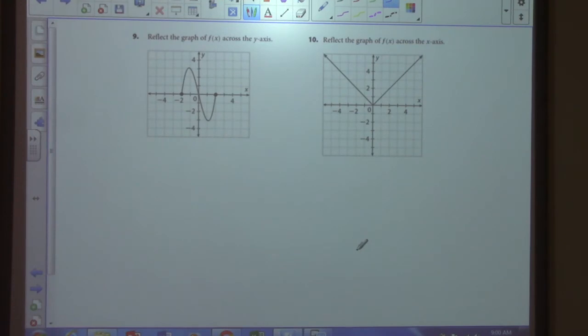Okay, this one here, you're going to reflect it across the y-axis. And you reflect the graph of f of x about the x-axis. So do those.